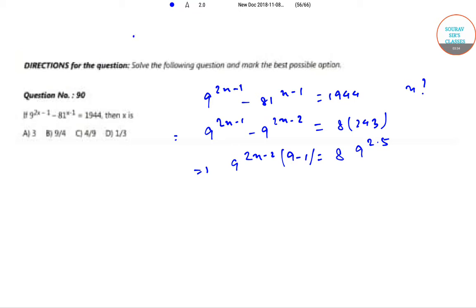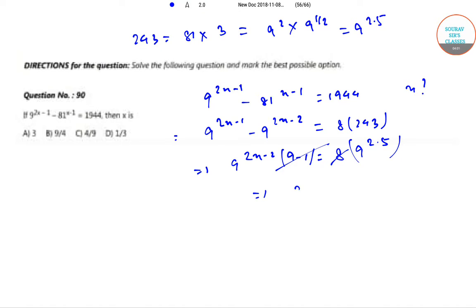Now 243 can be written as 243 is equal to 81 into 3, that is 9 squared into 9 to the power half, so this is 9 to the power 2.5. So 9 minus 1 equals 8, so this 9 minus 1 and 8 cancel out, and since the base is equal, the powers would be equal.